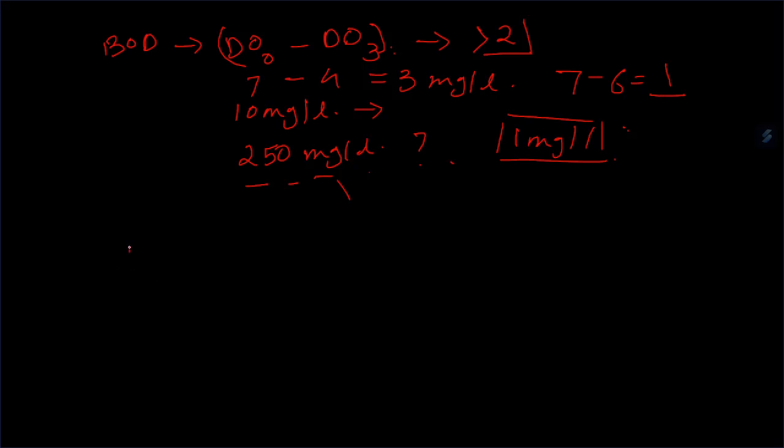So what they do in a laboratory is they dilute the mixture. Now there is a direct formula also, but I don't want to give that, because let me give you a basic concept and it will be easy for you to remember after that. So for example, we have a very bad water here.